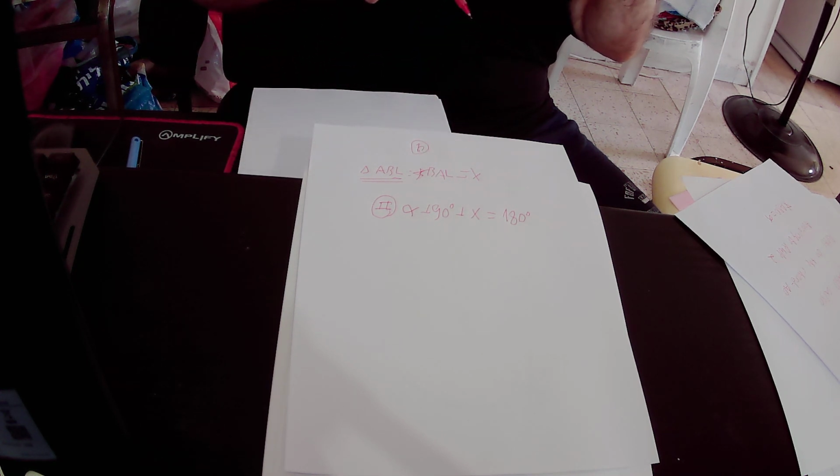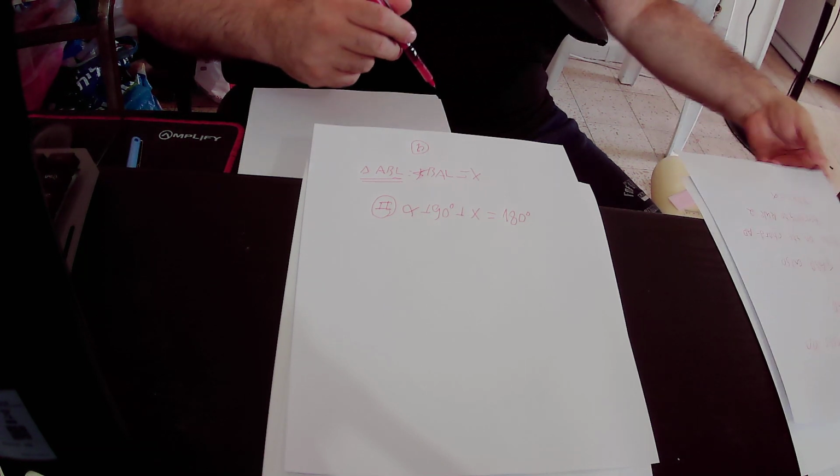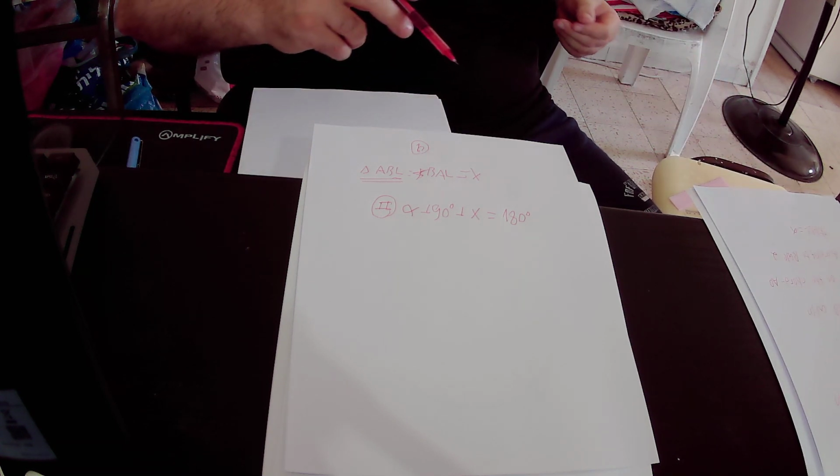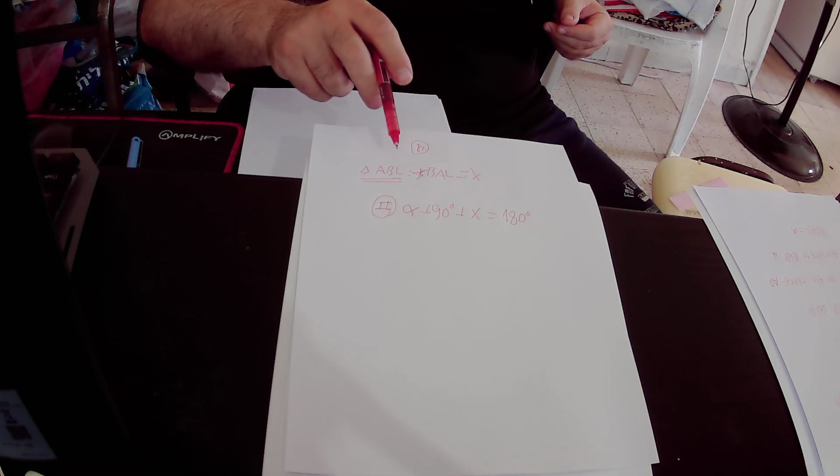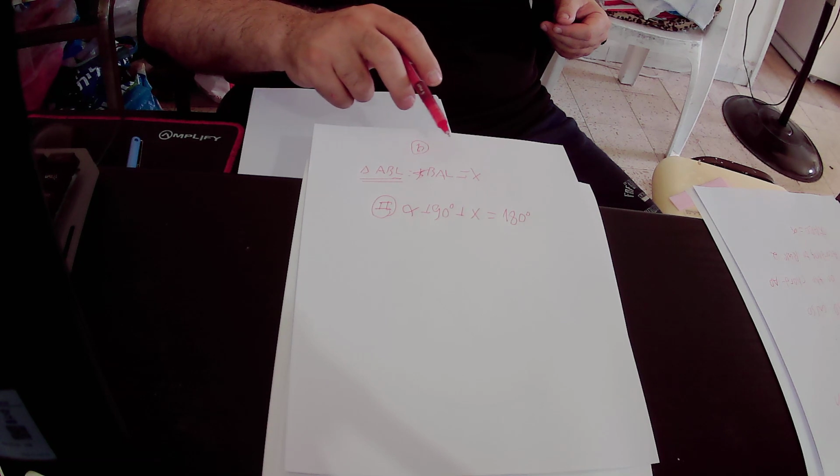It is true for any triangle in the world. The sum of the angles of any triangle equals 180 degrees. Now we'll subtract 90 degrees from equation number 2.